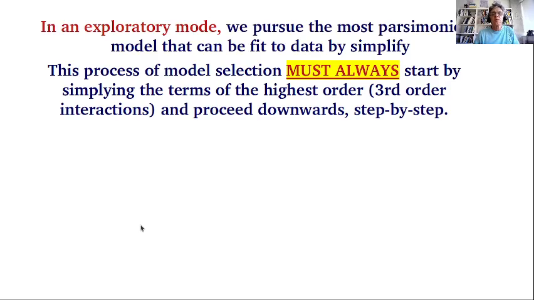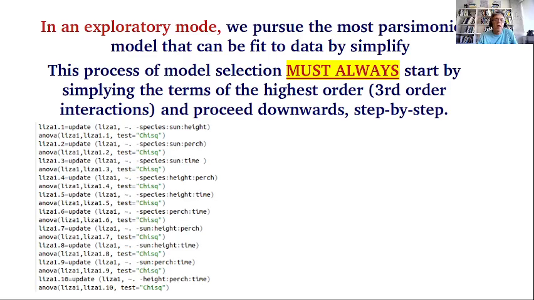So in an exploratory mode, we must pursue the most parsimonious model that can be fit to the data by simplification. This simplification of the initial model, Lisa 1, must always start by simplifying the term of the highest order, in this case the third order interactions, and proceed downwards step by step. It is very important to be systematic in this process of model simplification.